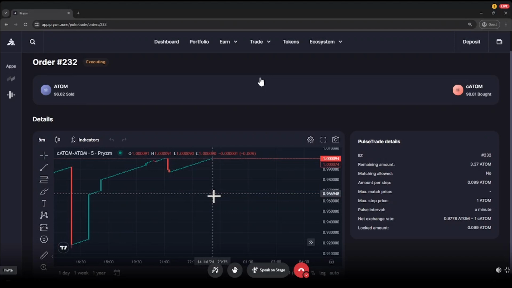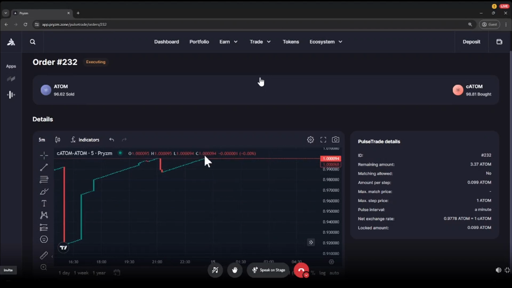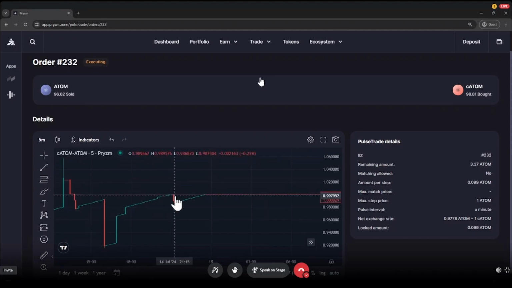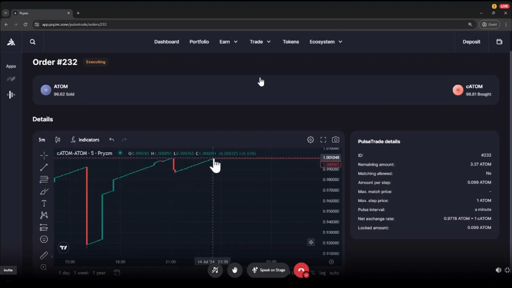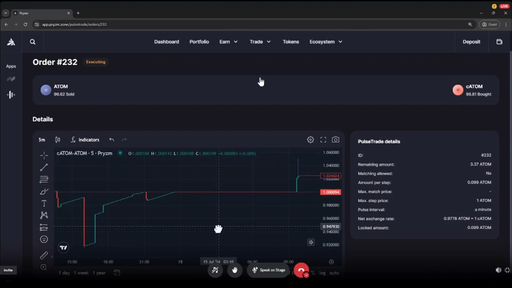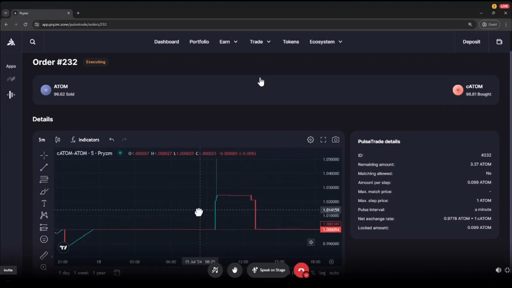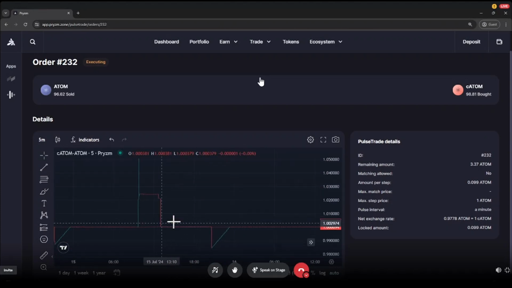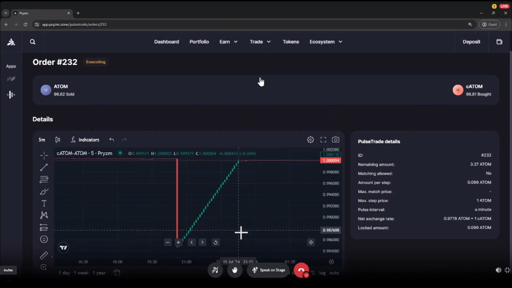And here, for example, you can see the price got up to 1. Pulse Trade checked and was like, okay, the price is 1, so we're not going to buy here because that's not below our limit price. And you can see that's happened here with the limit price, happens here with the limit price. So no trades are happening. And then someone does a trade that pushes the price back down again, and Pulse Trade then starts buying every minute.